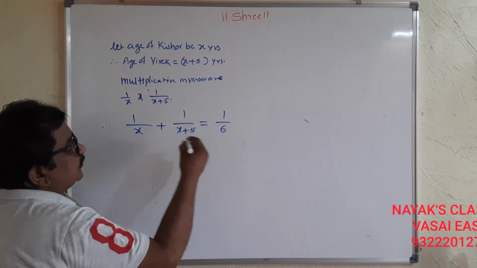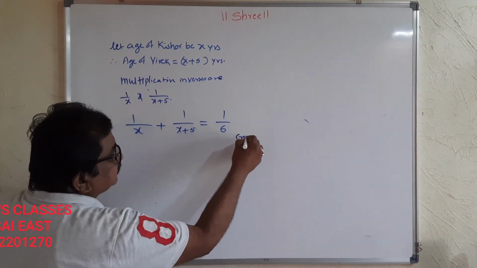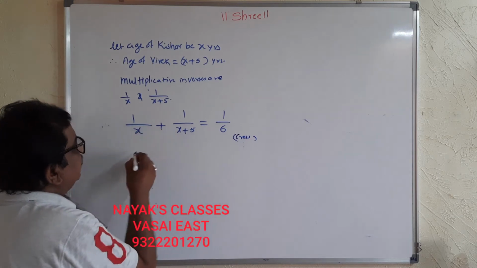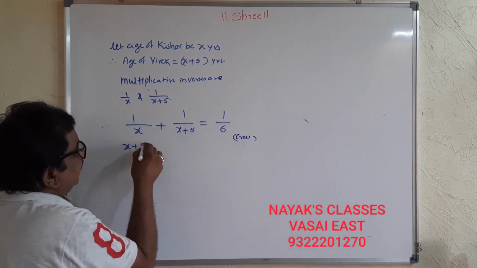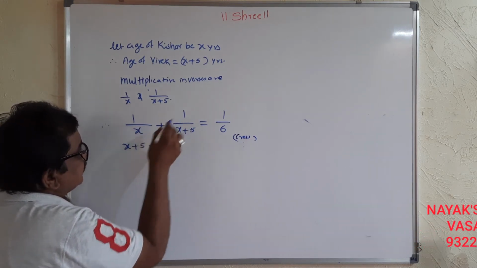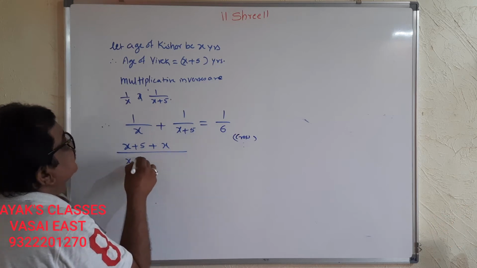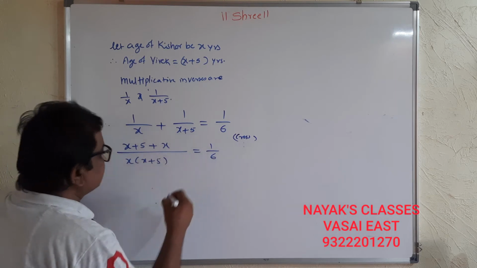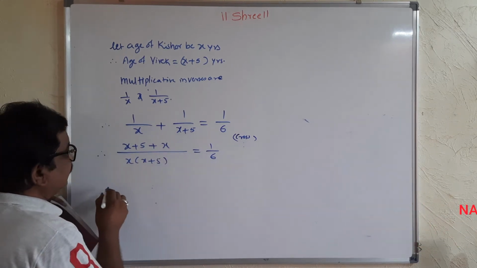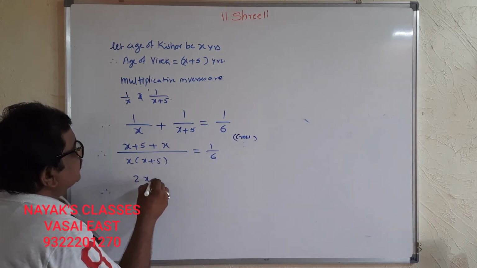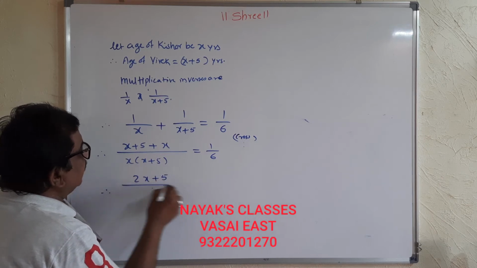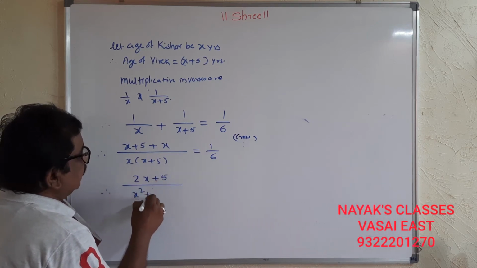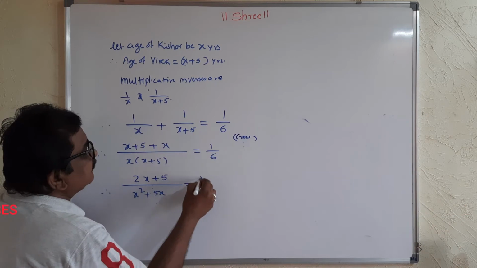So cross multiply. It will be x plus 5 plus x upon x into bracket x plus 5 is equal to 1 upon 6. Therefore, 2x plus 5 upon x square plus 5x is equal to 1 upon 6.